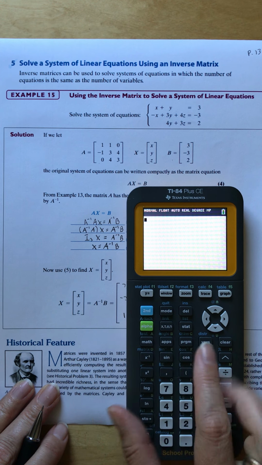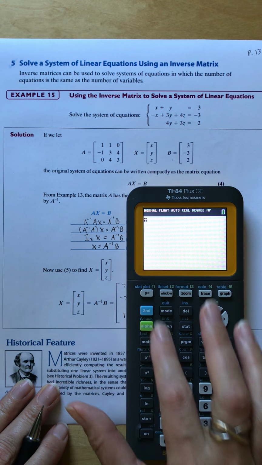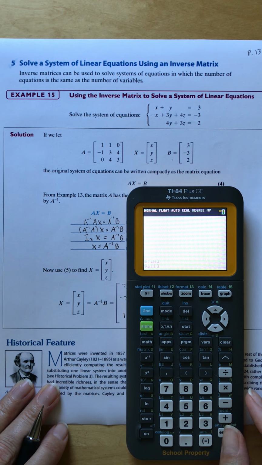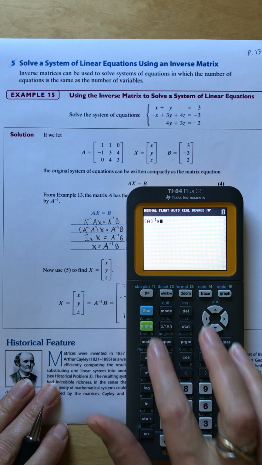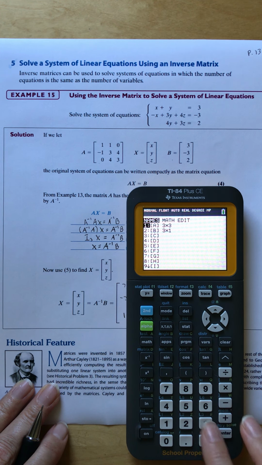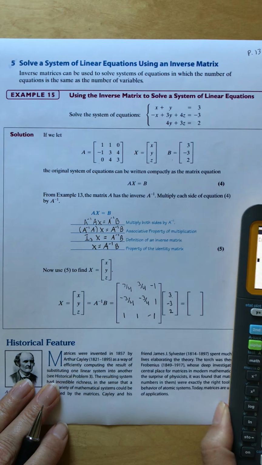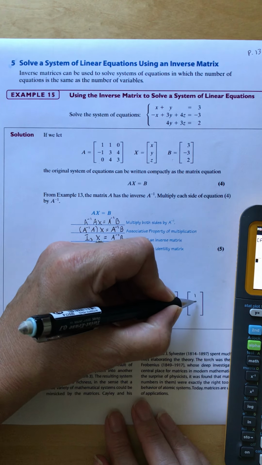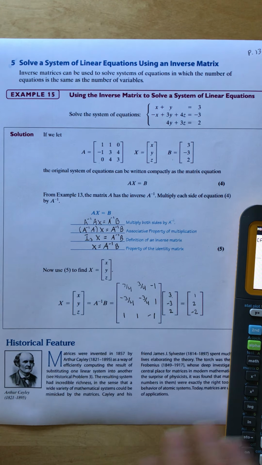Then we can get the answer to this system by taking second matrix A inverse multiplied by second matrix B. And there's our 1, 2, negative 2.